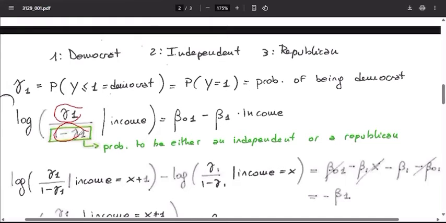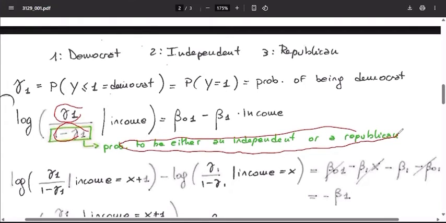That is why I said the probability of being either an independent or Republican. That is how I'm going to interpret 1 minus gamma 1. If it is gamma 2, maybe I'm focusing on independent, then the other one is going to be neither Democrat nor the other one. Okay, so take a look at that.